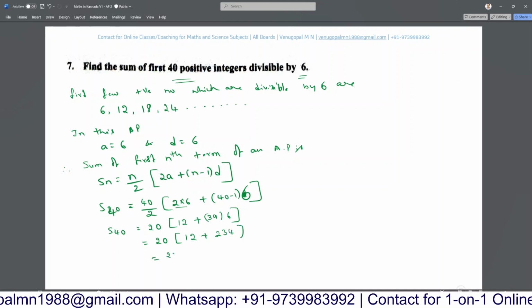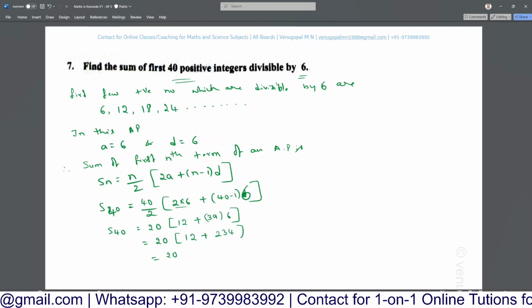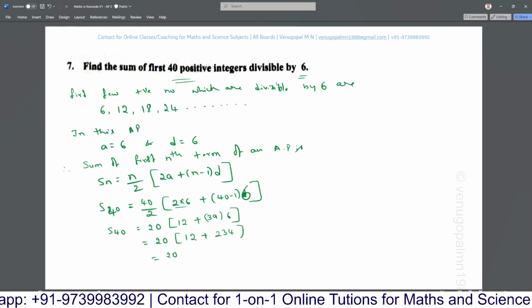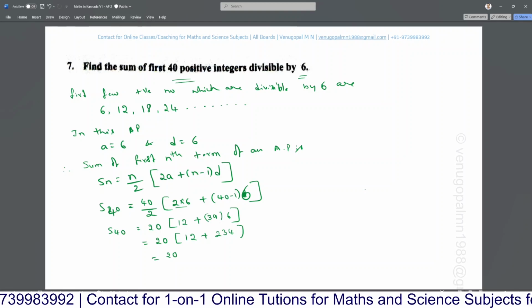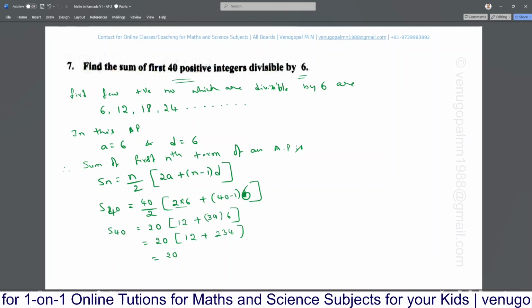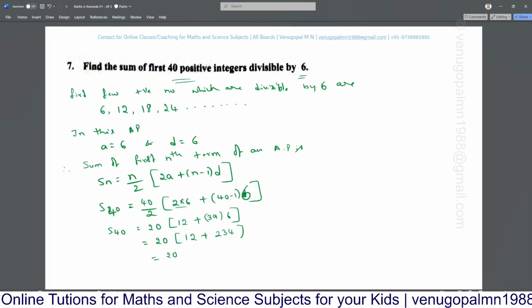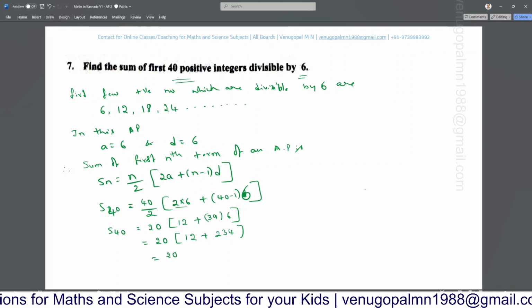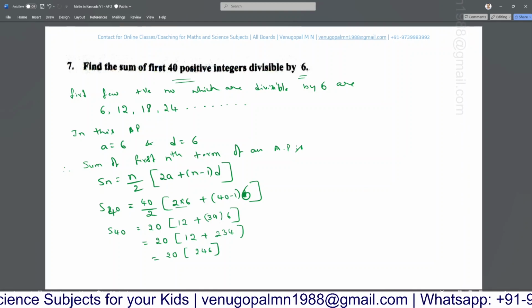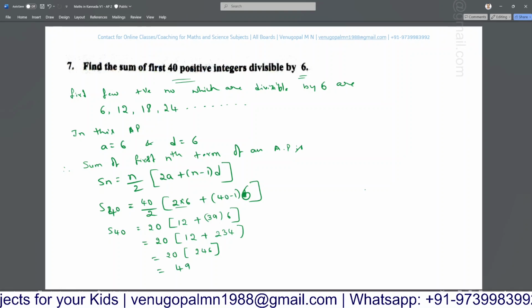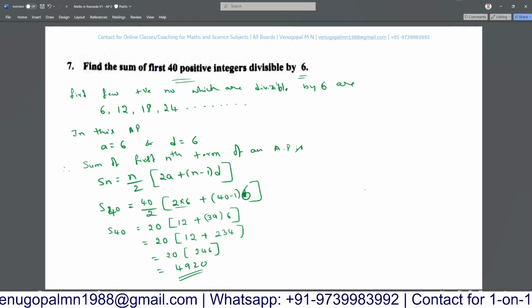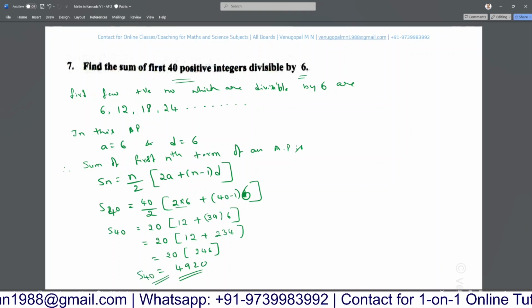And then 20 into 246 would be 4920. So you can say S40 is equal to 4920.